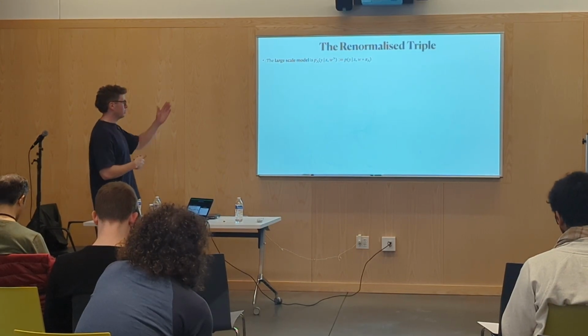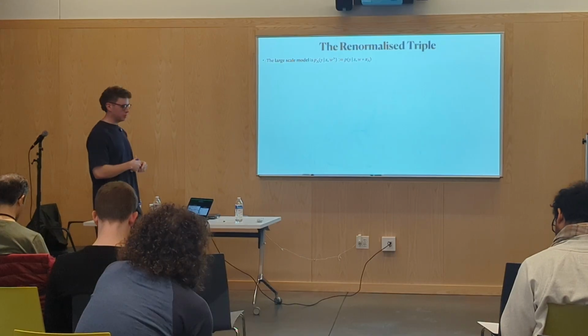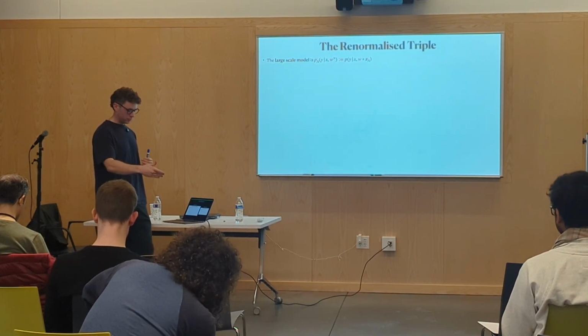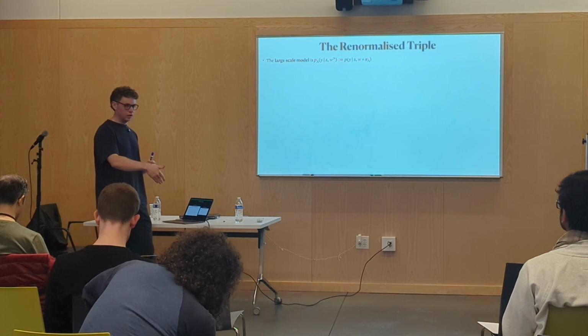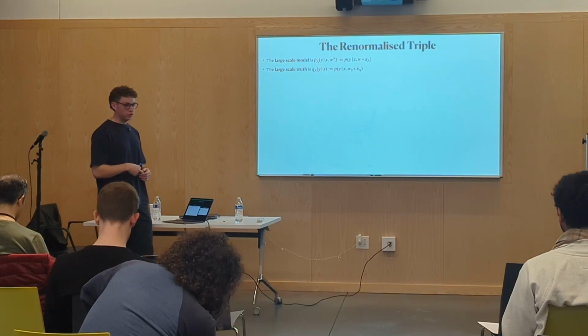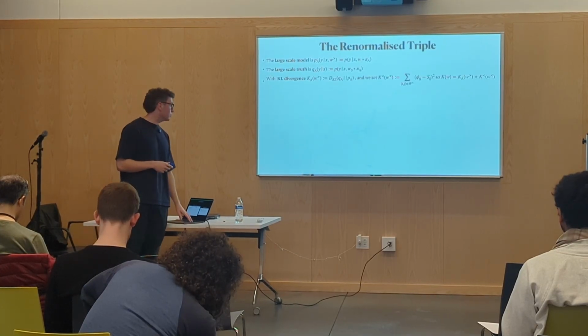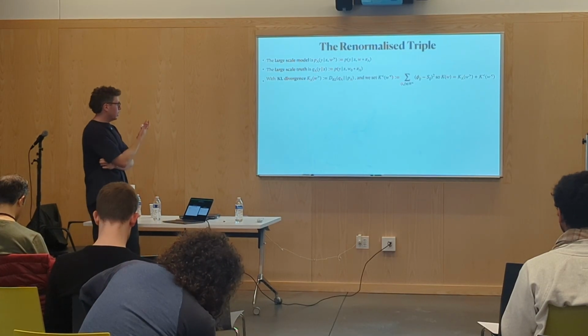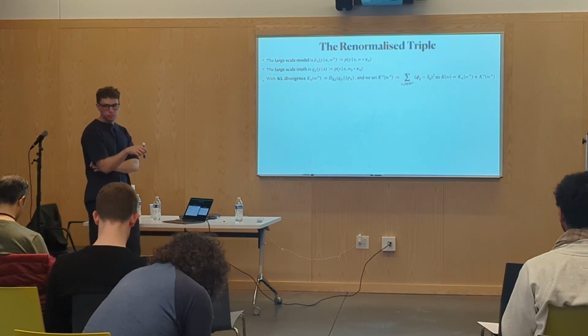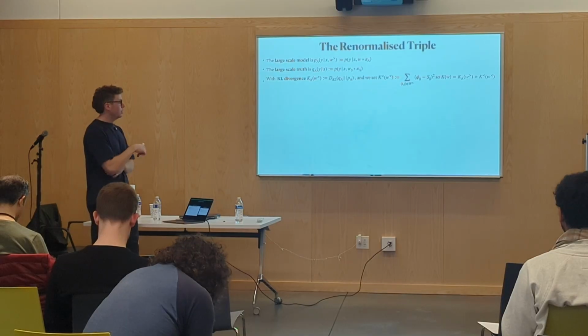But what this is meant to indicate is that you have your parameter space W, and then as before, you set all those parameters to 0, but we're going to account for the asymptotics in a second. And then you do the same thing for your large scale truth. And then you can define a new Kullback-Leibler divergence, which is the difference between your large scale model and your large scale truth.